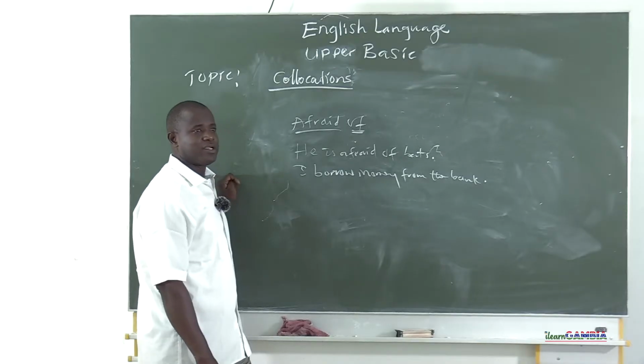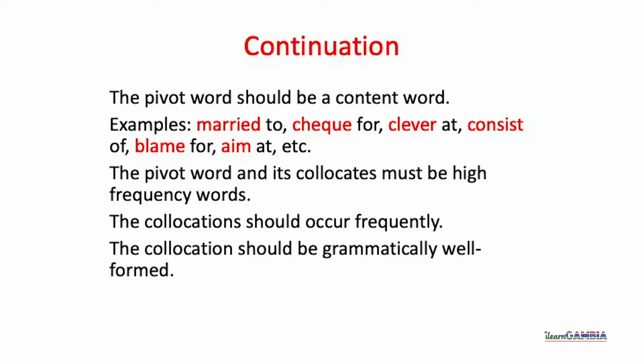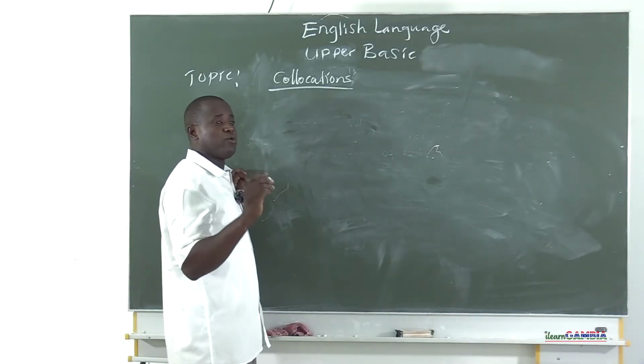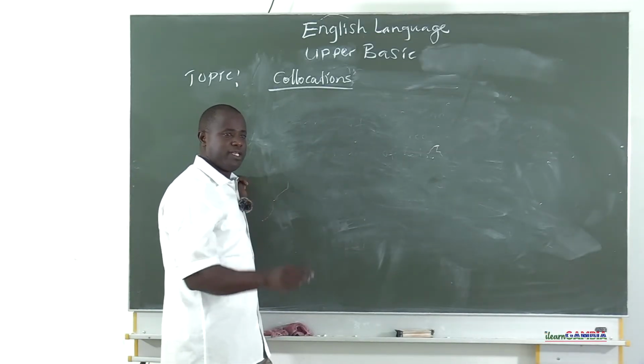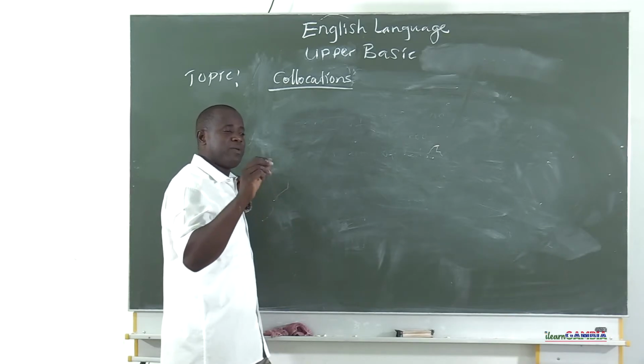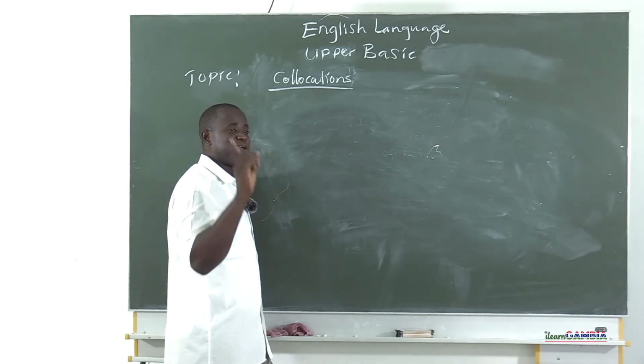We move on. Good. The pivot word should be a content word. In a collocation, you have two or more words, and one of the words we call the pivot word. This pivot word must be a content word. What do we mean by a content word? A content word is a word that has a meaning.